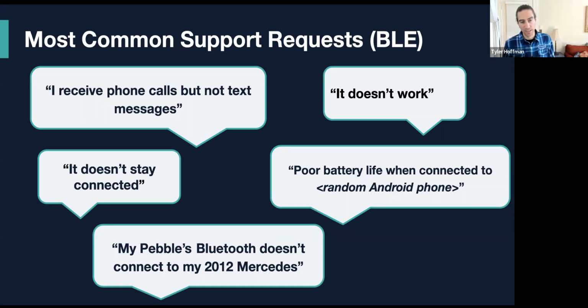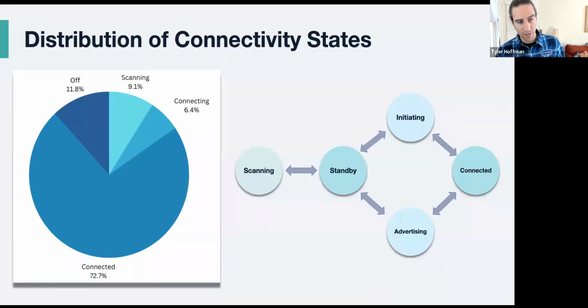And so one of the recommendations I have for spotting power regressions and also connectivity regressions is tracking how much time is spent in each state. And most people can do this using their built-in stack and their built-in vendor library. So these are the connectivity states of Bluetooth. You go from scanning through standby and then to initiating or advertising.